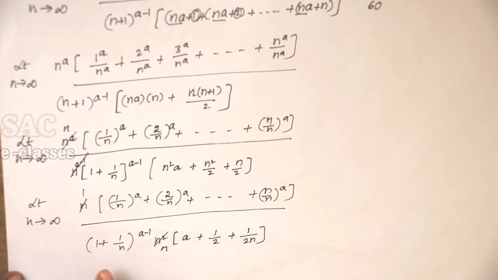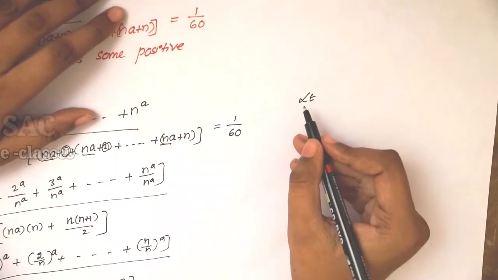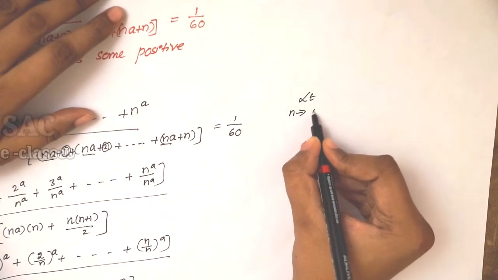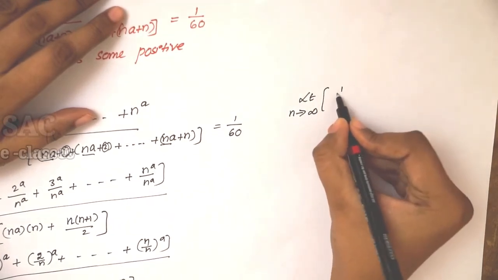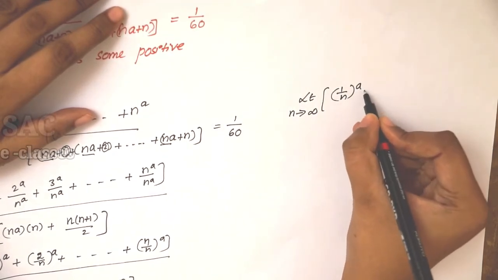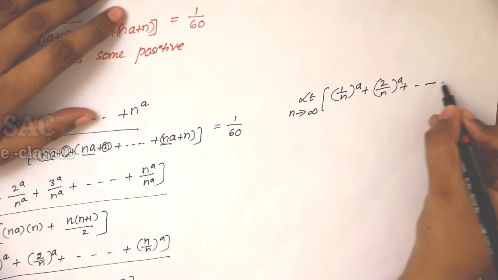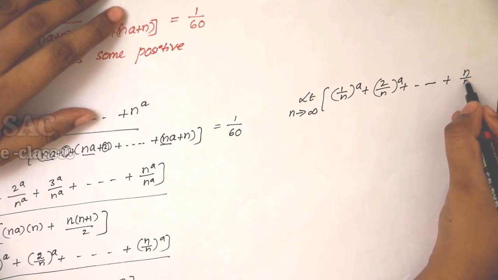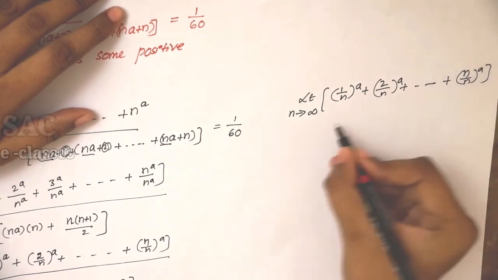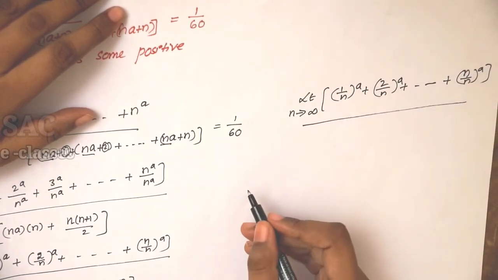Let's apply the limit here. Now limit n tends to infinity, 1 by n whole power a plus 2 by n whole power a plus and so on plus n by n whole power a, not changed. Let's apply limit here.